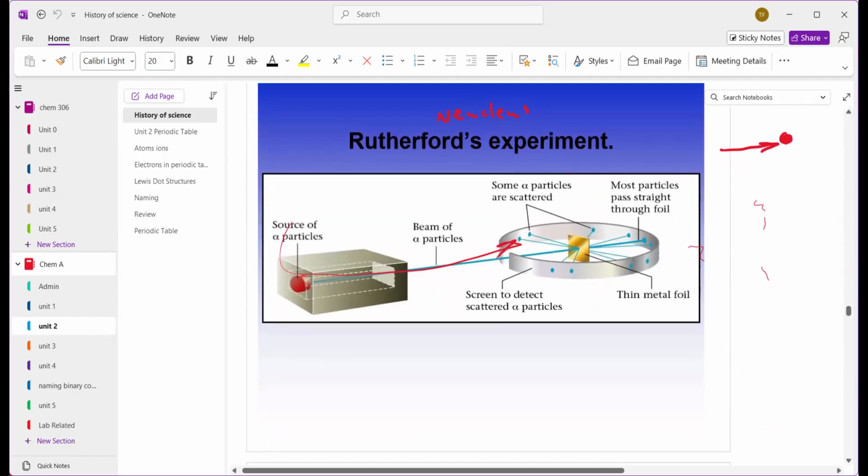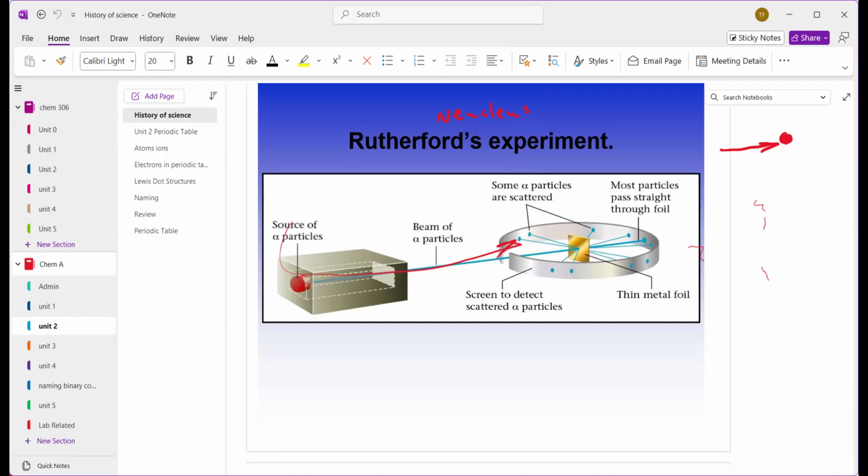Rutherford. Now, he tried to prove Thomson's plum pudding model was correct. So what he did is he shot a gold atom with a bullet, an atomic bullet called an alpha particle. An alpha particle is a very heavy nuclear radiation. It's composed of 2 protons and 2 neutrons, but it's big compared to all the others.